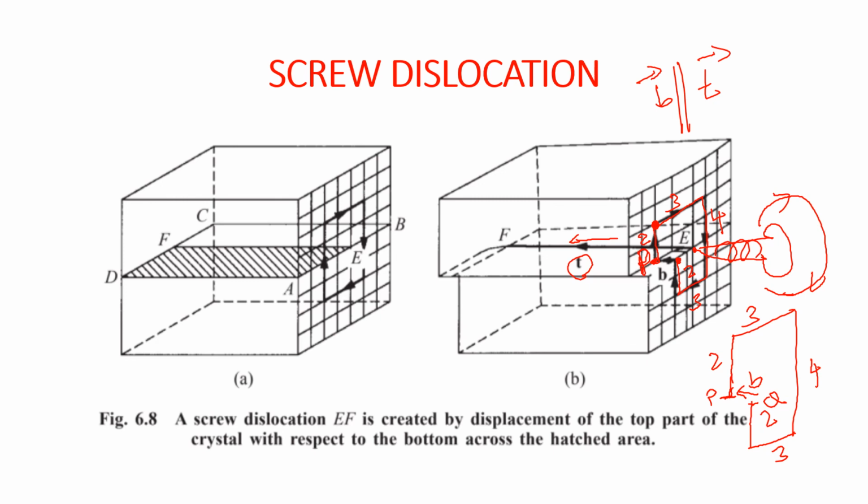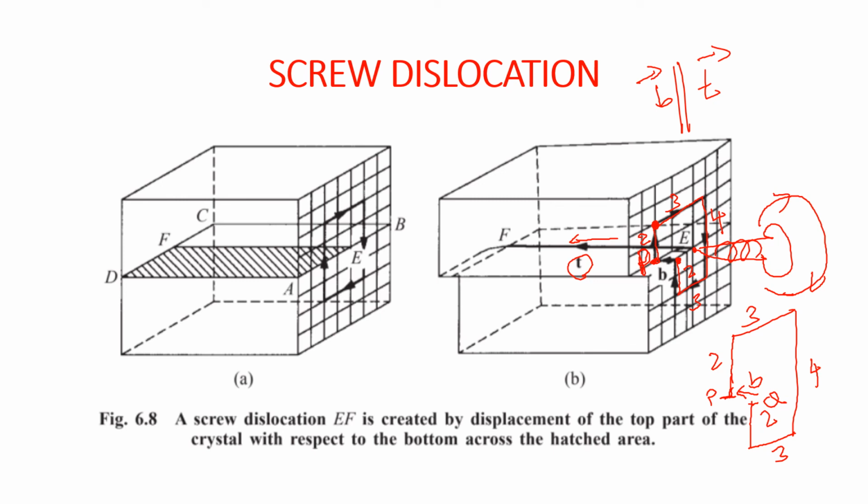If you turn the screw through one full rotation, we move the screw backward or forward a distance equal to the pitch. This feature has led to the name screw dislocation. That means if you rotate the screw completely once, either backward or forward, it moves a distance equal to the pitch, which is equal to the Burgers vector here.